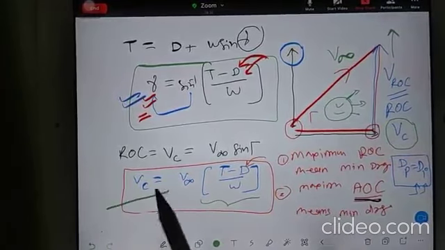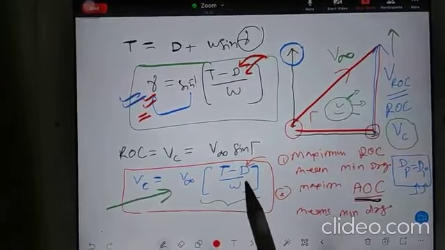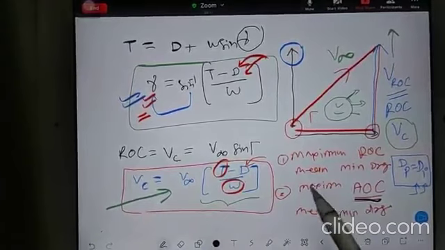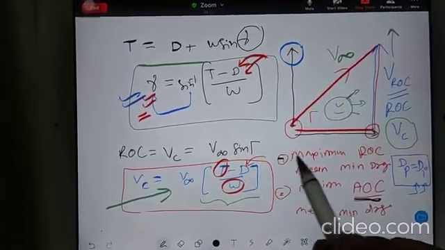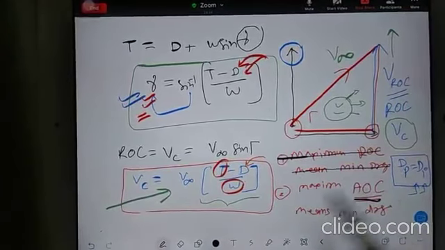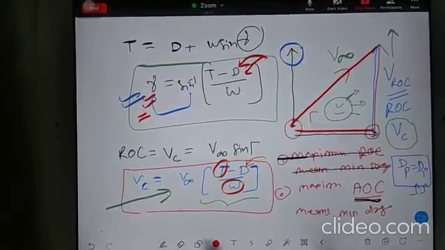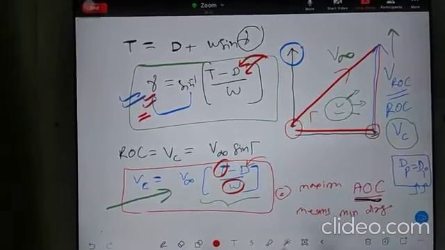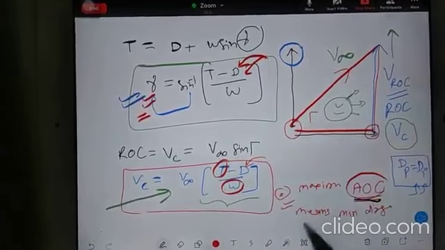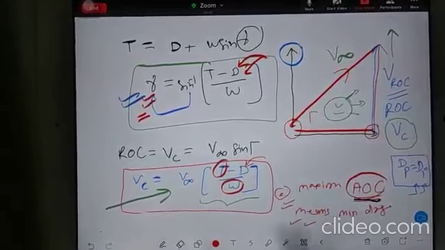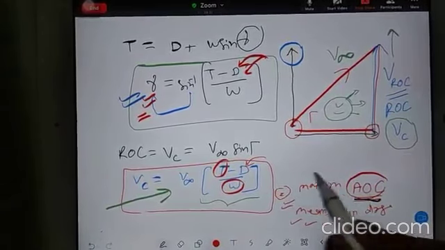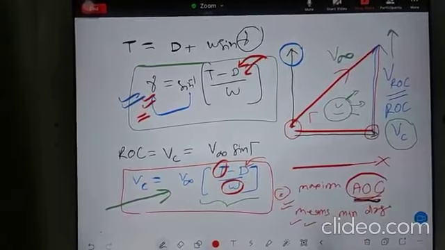Actually, this expression contains thrust also and weight also. So we cannot target maximum rate of climb under minimum drag condition. So you delete this part. Only maximum angle of climb is correct for minimum drag condition. My first statement was wrong.